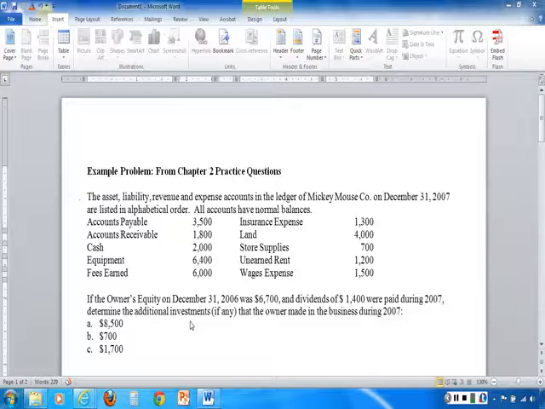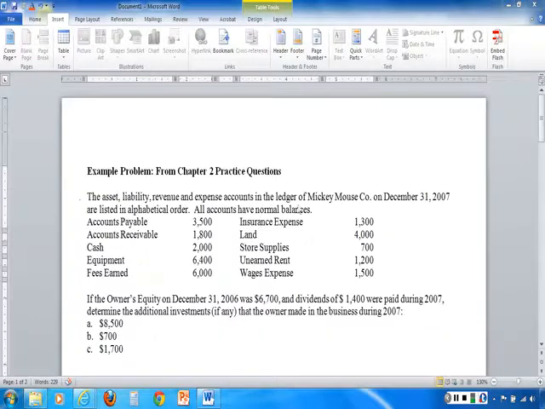So the way I'm going to start solving this problem is by looking at what information they've given me. They've told me that the asset, liability, revenue, and expense accounts in the ledger of Mickey Mouse Company on December 31, 2007 are listed in alphabetical order, and all accounts have normal balances. So I have been given assets, liabilities, revenues, and expenses, and I have also been given the owner's equity as of December 31, 2006, which is essentially my beginning equity, because this is information for '07.